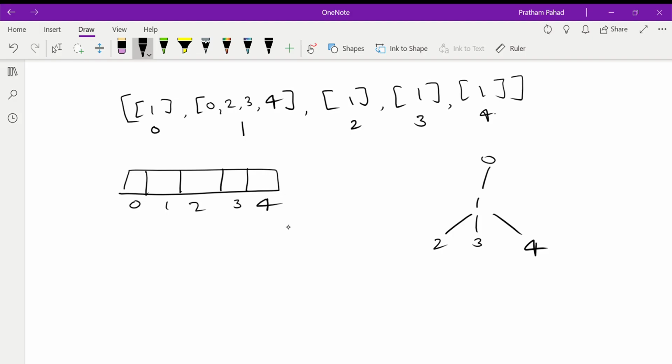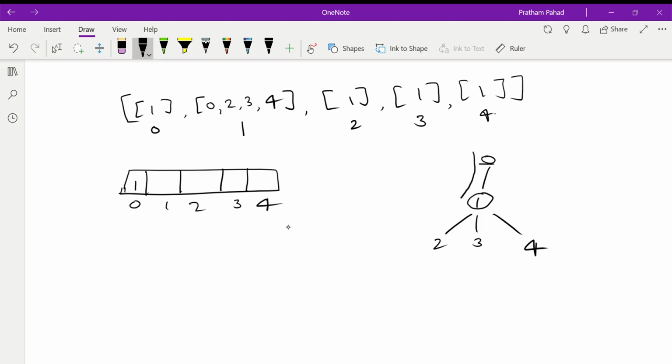So when we come to 1, initially we make the subtree size. If we have a single node, then what is the size of this tree? Only 1. So initially make the size of this tree as 1. Now from 0 we come to 1. Now focus on this 1.